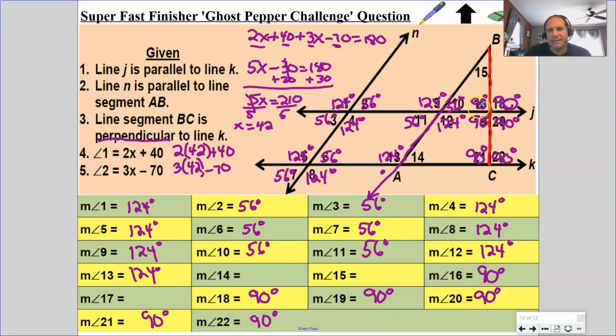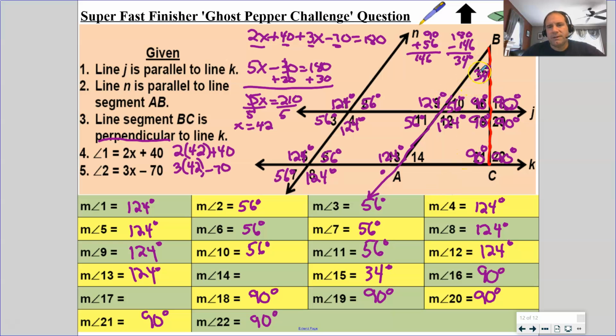So if you add 90 plus 56 and subtract from 180, that's what we're going to do. 90 plus 56 is 146. 180 minus 146 is 34 degrees, and that means angle 15 is 34 degrees. Angle 15, 34.